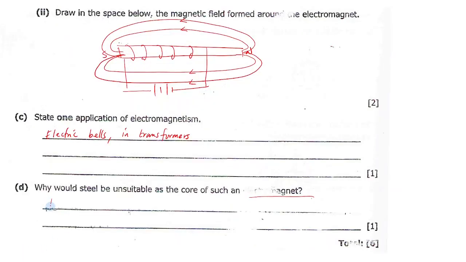So you say, because steel is hard to magnetize and hard to demagnetize. Then we move on.